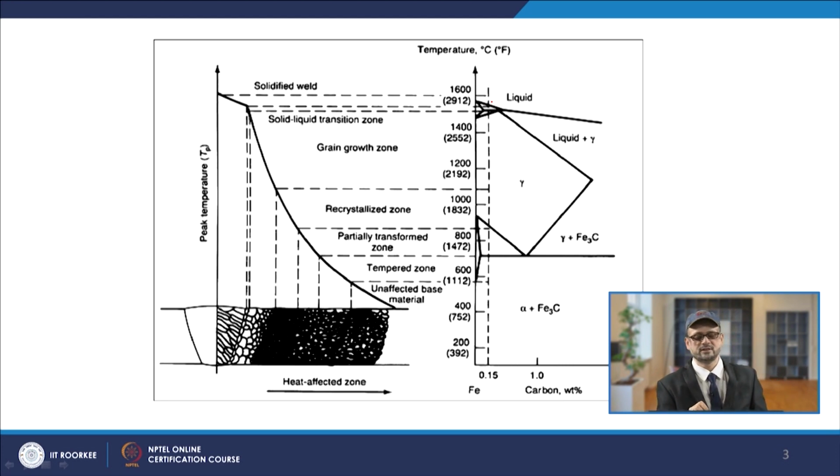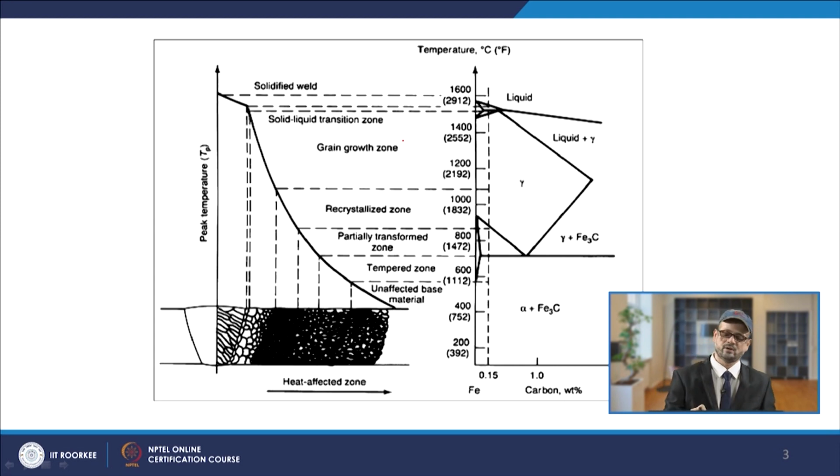Now, this zone is known as the grain growth zone, because here the temperature is towards the higher side. So, in this zone grain growth is predominantly taking place. Then you have the recrystallization going on, so based on that you have the grain refined zone or recrystallization zone. You have the partially transformed zone, which is normally between the critical temperatures.